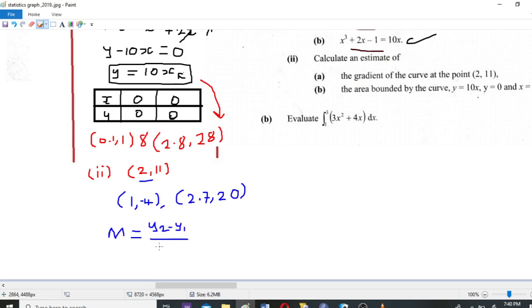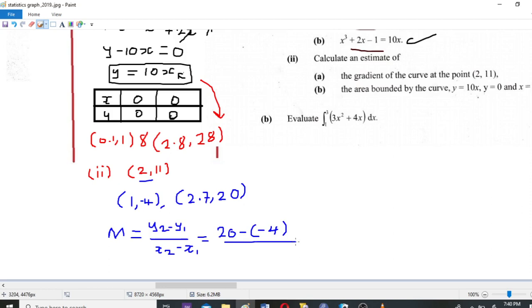You divide this by x2 minus x1. So we have our y2, that's 20, then our y1, that's negative 4. So we have negative 4 there.